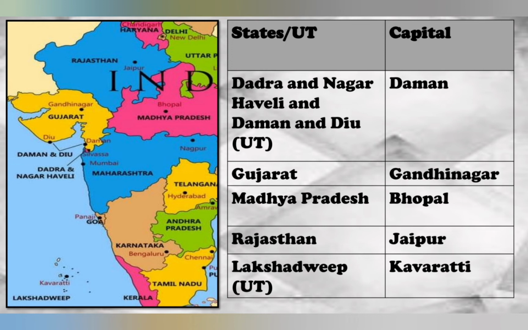Next is Lakshadweep, which is a union territory, and its capital is Kavaratti. Now, Lakshadweep is an island in the Arabian Sea, and it lies in the southwestern part of India.